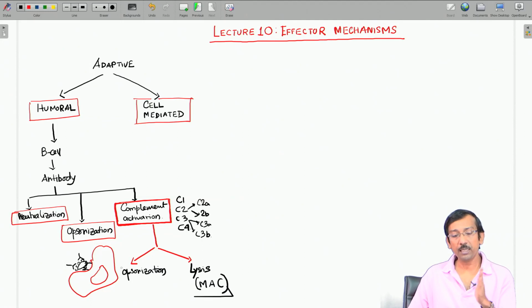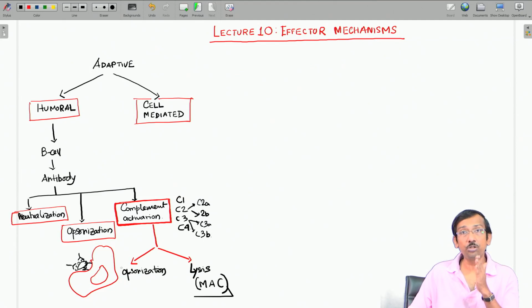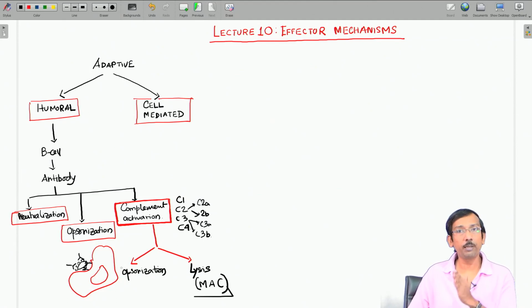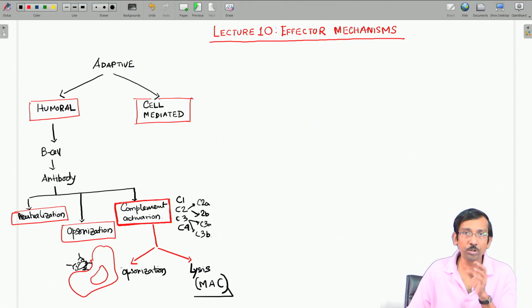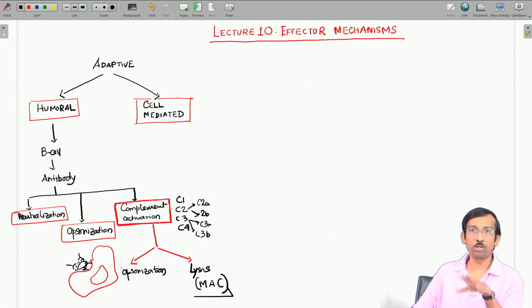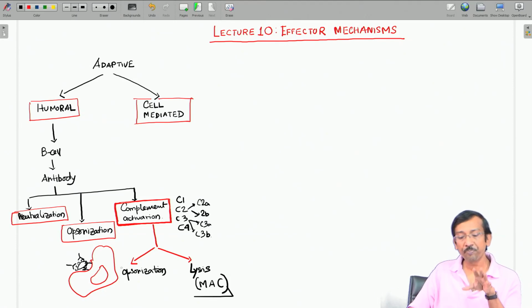The antibody dependent pathway depends on binding of the antibody and recognition of the antigen, and that leads to a cascade of events that leads to the cleavage of different complement proteins like C2, C3, C4, C5, and there is a long list. We are not going to discuss it in detail now, because we have designated lectures for that.